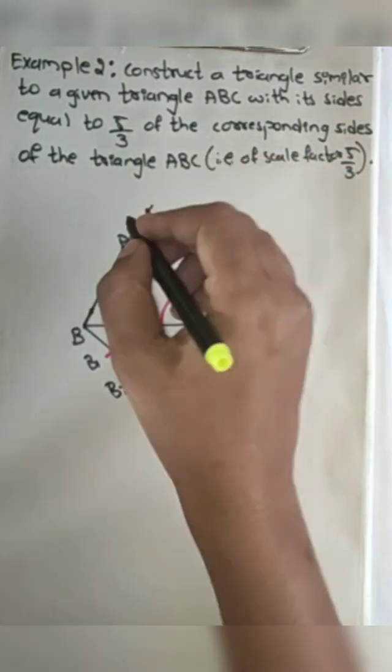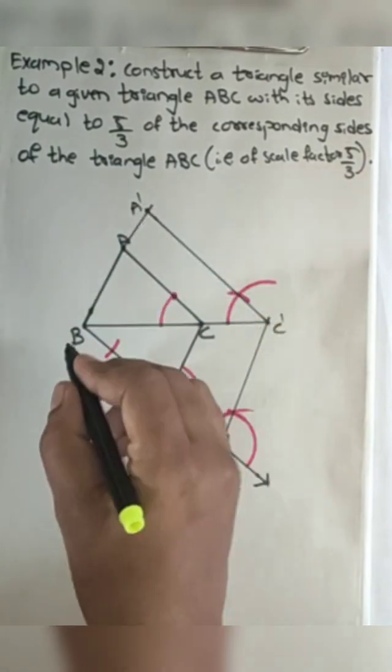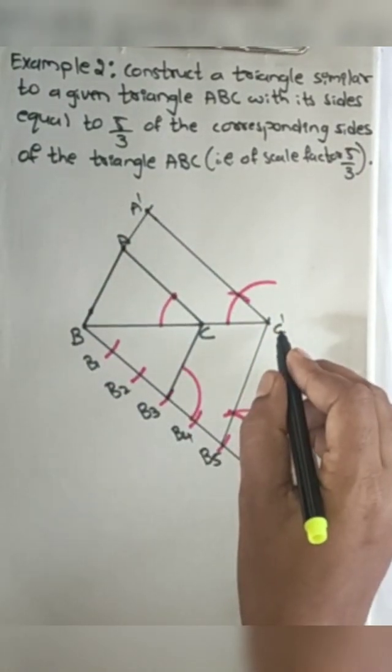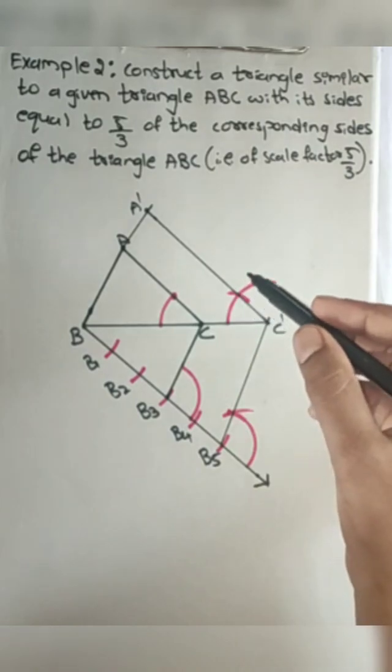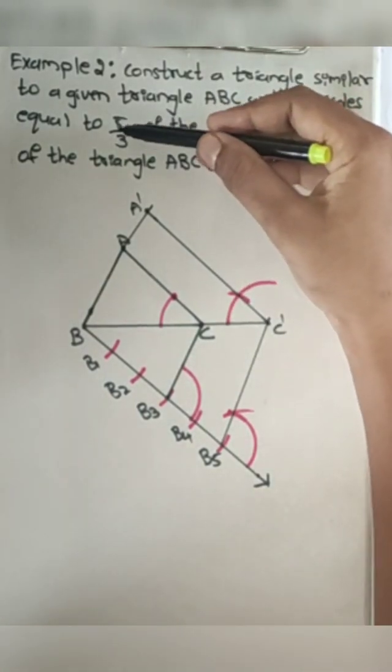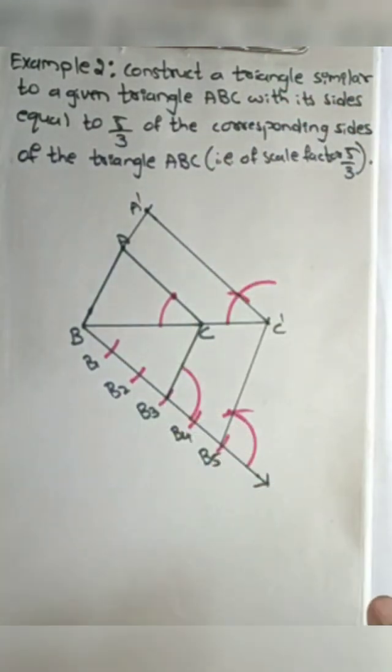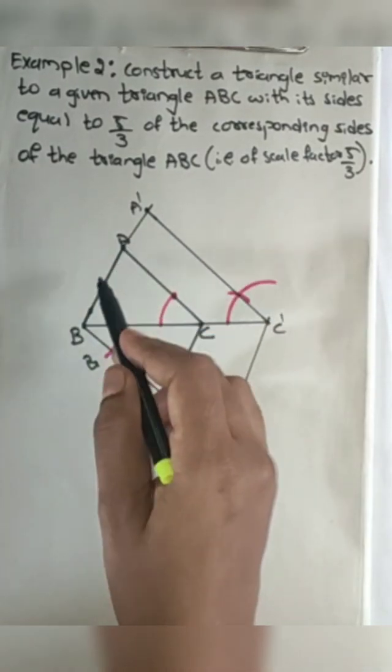This is our A dash. A dash B C dash is our required triangle of 5 by 3 of the corresponding sides of the given triangle ABC.